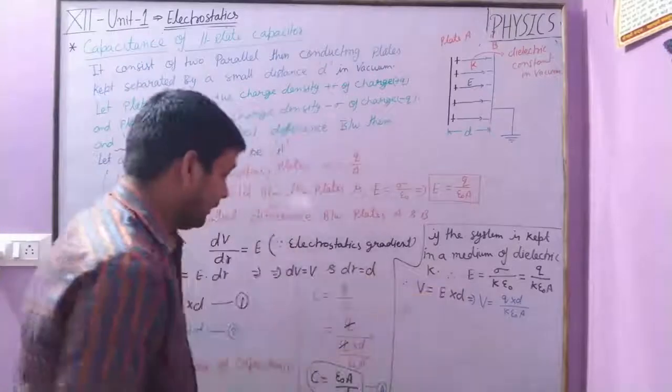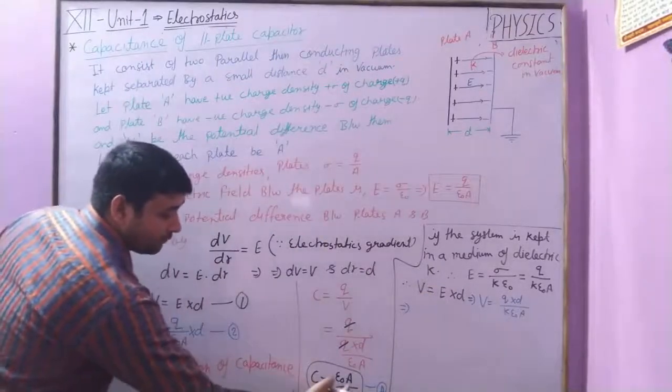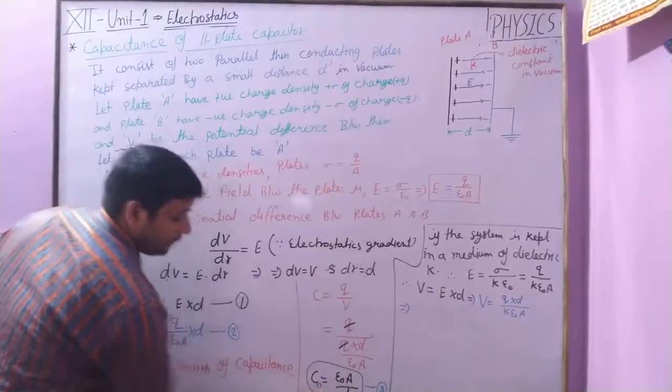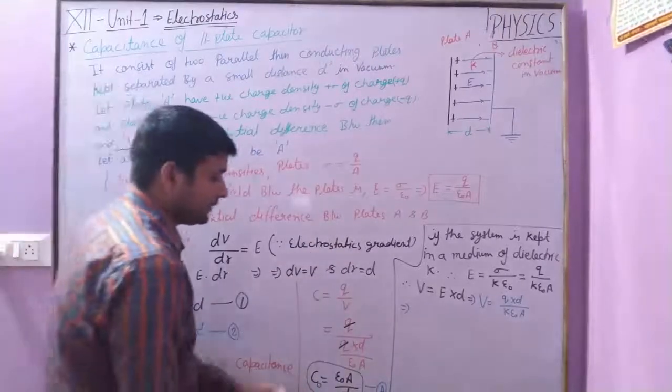this is the free space, which means the capacitance of the capacitor in vacuum, which is known as C naught.